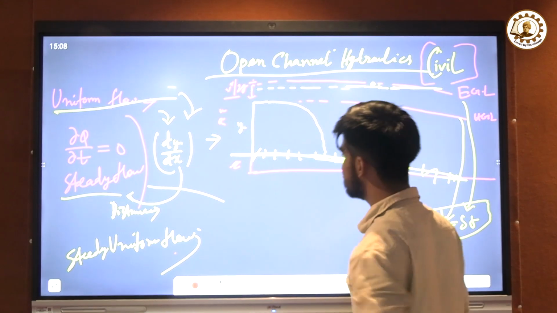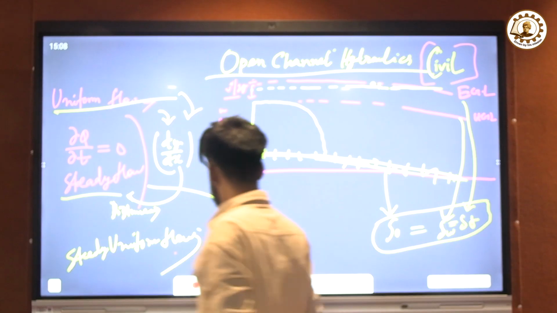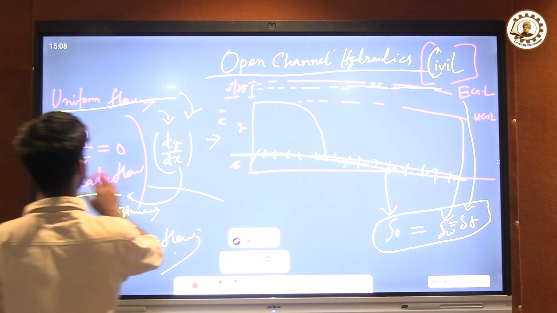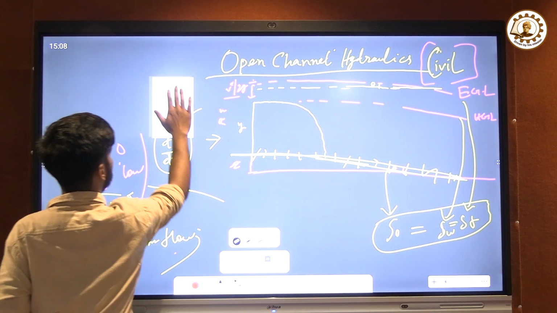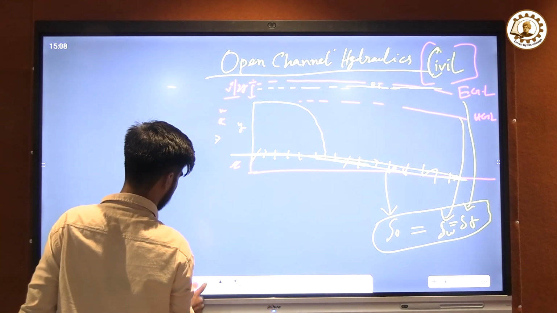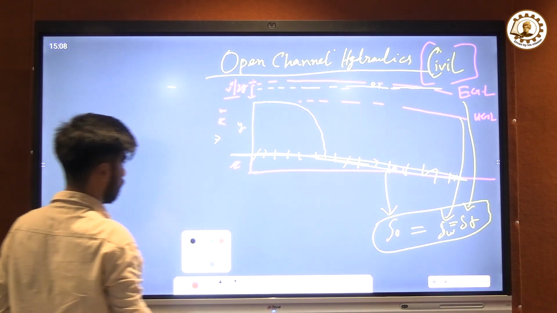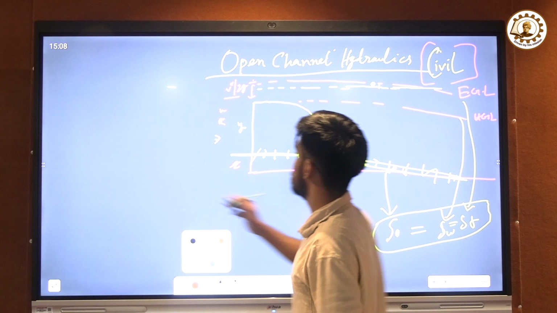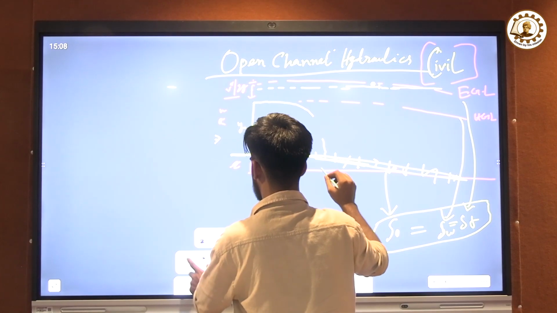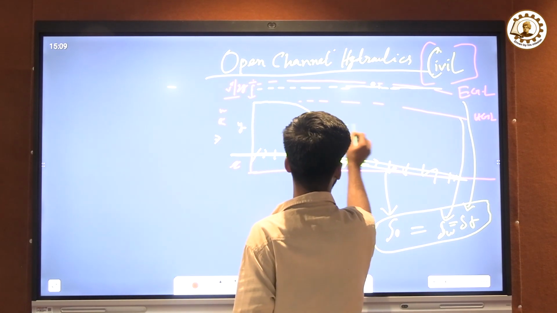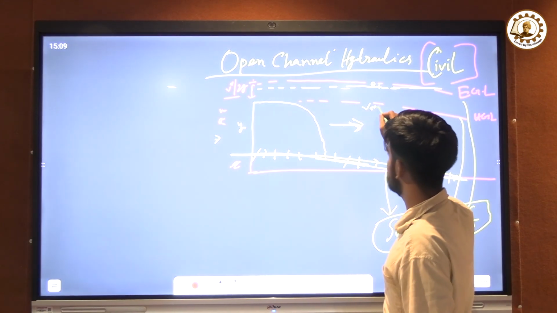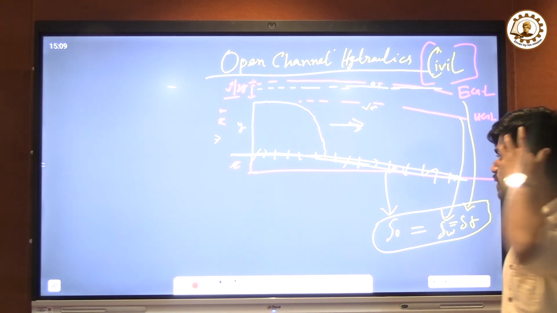Now if you analyze this to get some mathematical equation, we can see that the water is flowing in that direction with a particular velocity, say v, or say Vm, which is the mean velocity of water.